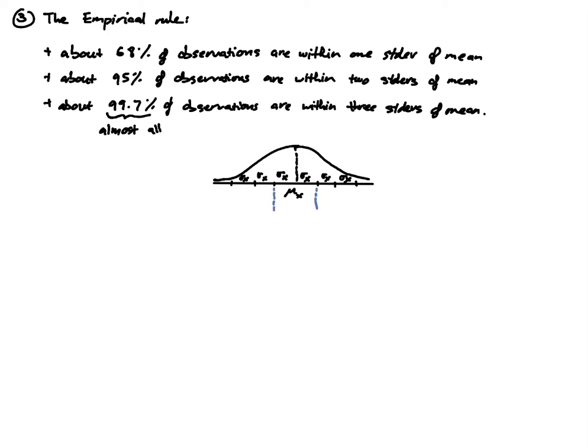The interval one standard deviation away from the mean contains about 68% of your observations. The interval two standard deviations from the mean contains 95% of the observations.